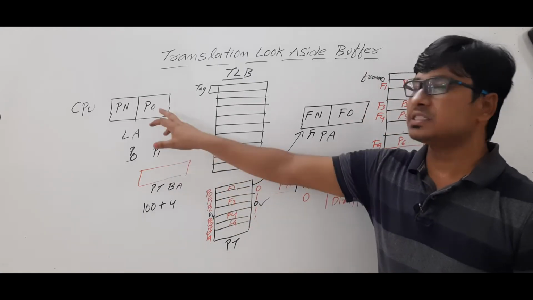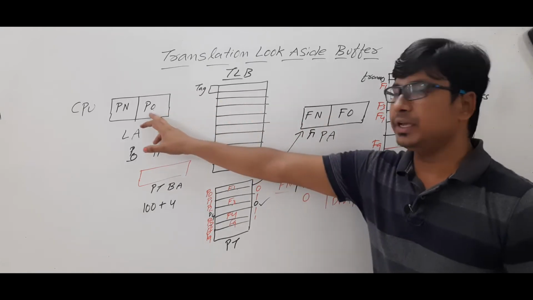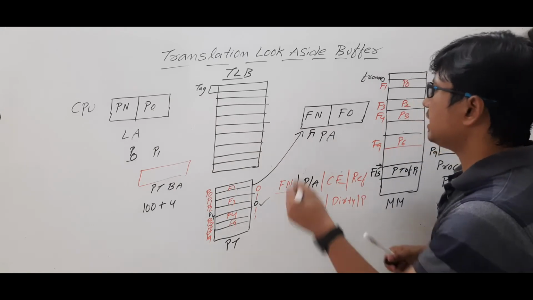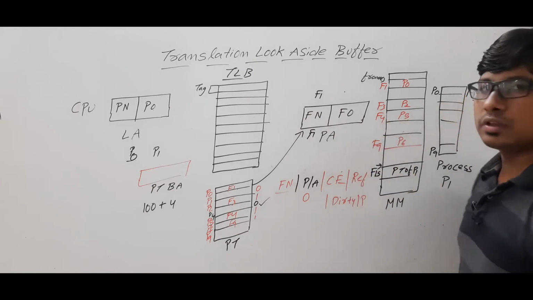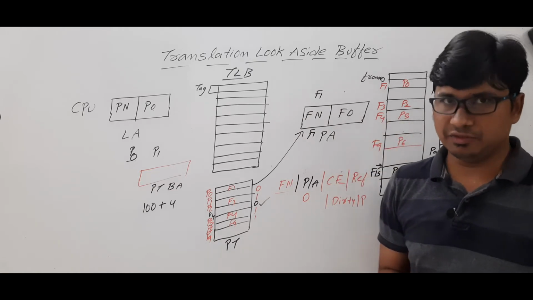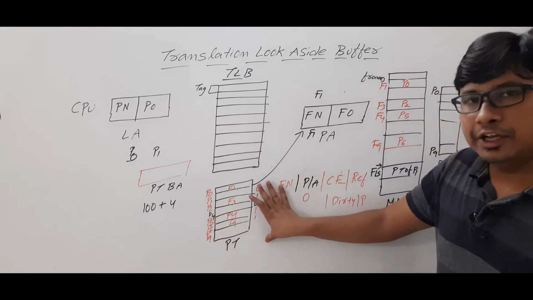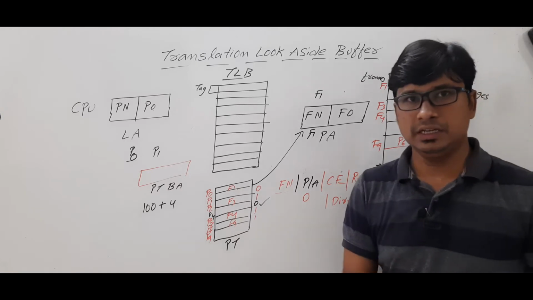We know that the size of a page is equal to the size of a frame, so page offset is equal to frame offset. So you will get frame number 1 and the frame offset. Then you will go to the main memory and access the information. Is it clear? If it is single level paging, we can keep the entire page table in one of the frames.